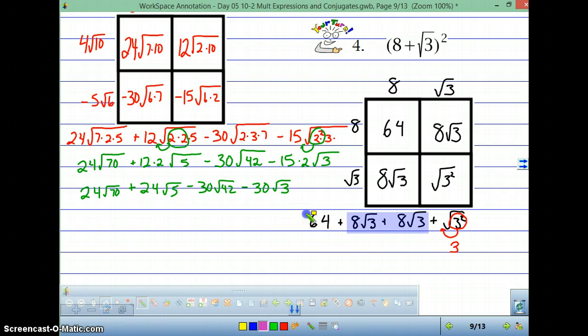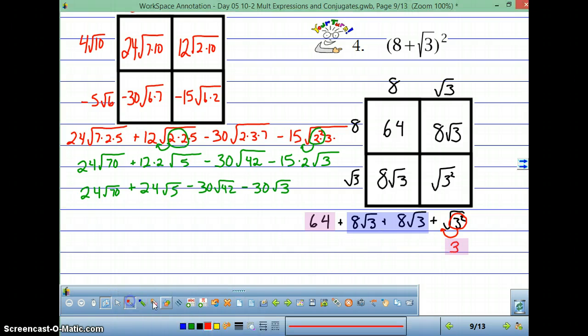And this is an integer, and this is an integer. So we can add those up. So our final answer is going to be, let's switch back to a pen. Final answer is going to be 64 plus 3 is 67. 8 root 3 plus 8 root 3 is 16 root 3.